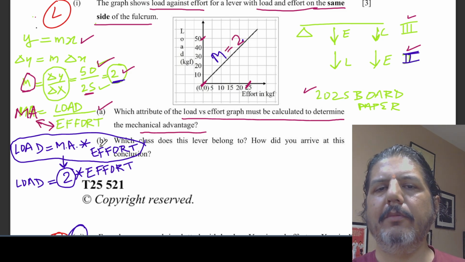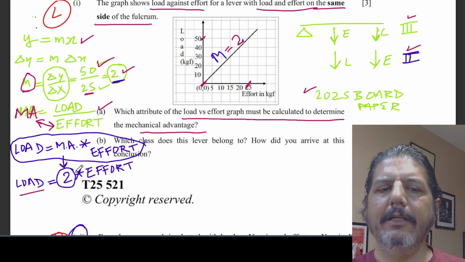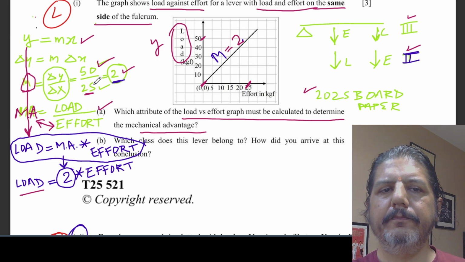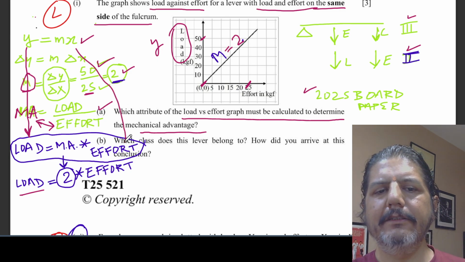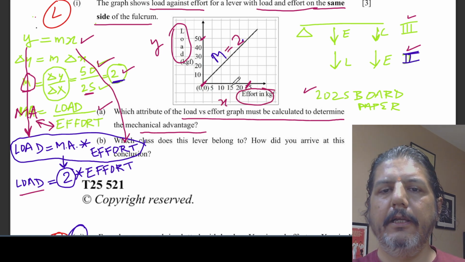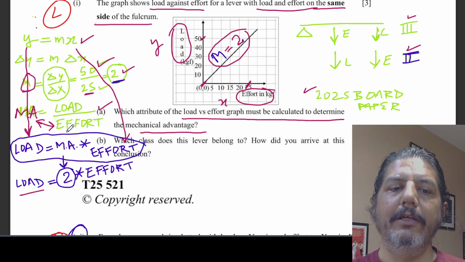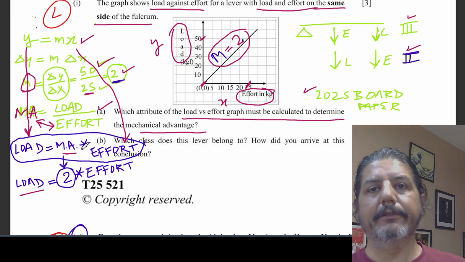If we compare this, load is equal to mechanical advantage into effort, with this line, we understand that the y-axis would be represented by load, and the x-axis would be represented by the effort. And now we understand that this m, which is equal to 2 and is the slope of the line, is actually the mechanical advantage.